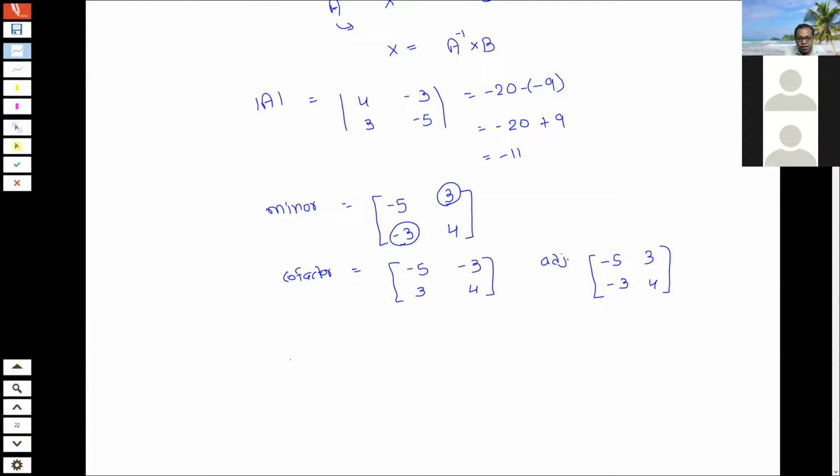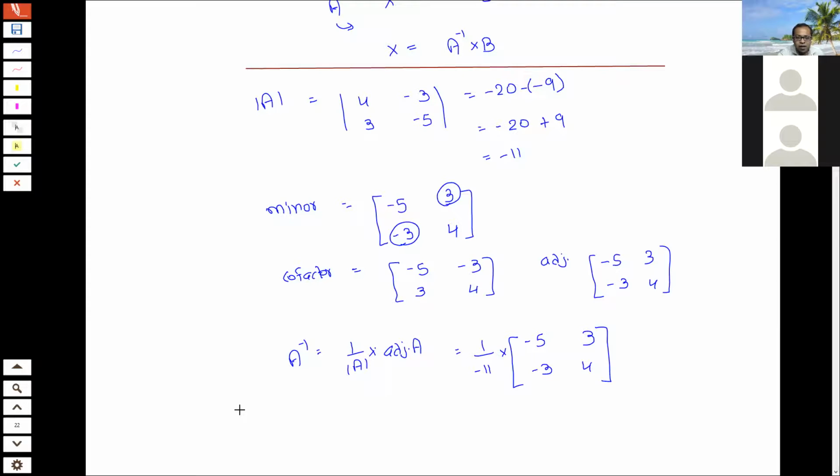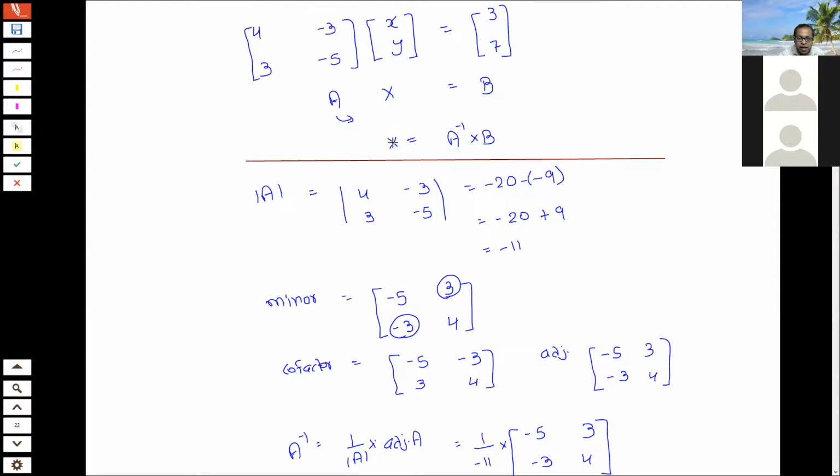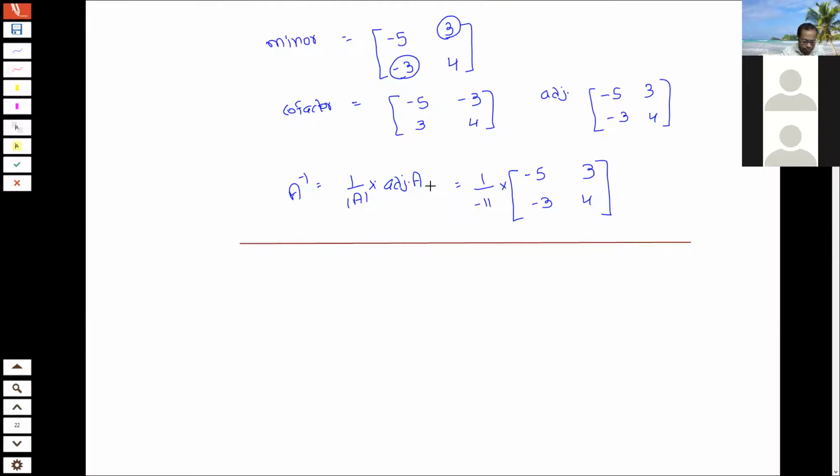So I have found this, and now I can find A inverse is 1 upon determinant of A into adjoint of A. So 1 upon minus 11 into adjoint, which is -5, 3, -3 and 4. So using these steps, I have found A inverse. And now I am near to the final answer of this equation. In the equation above we had written that X is equal to A inverse into B.